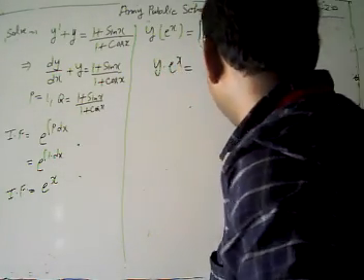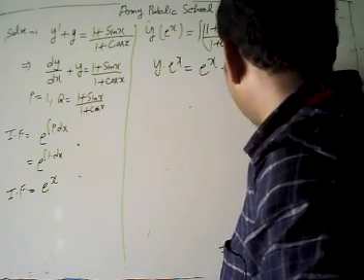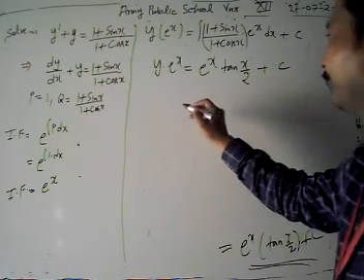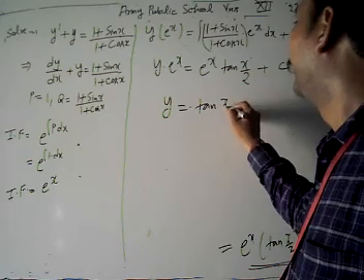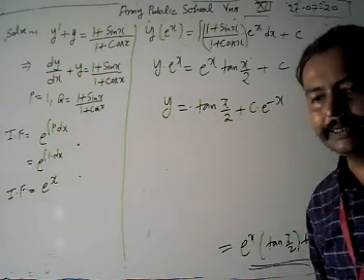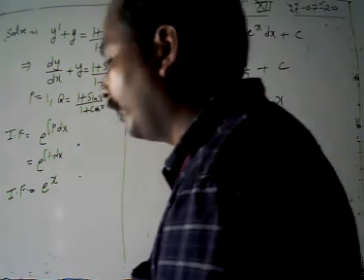Here we get the integration as e to power x into tan x by 2, plus c. Also we can write our solution as y is equal to tan x by 2 plus c, into e to power minus x. This is our required solution.